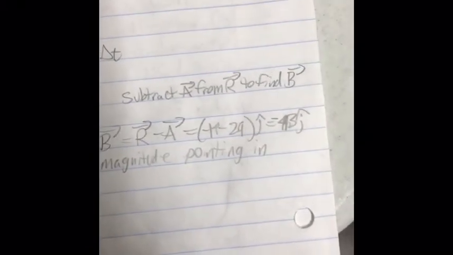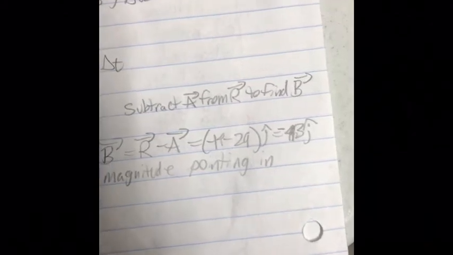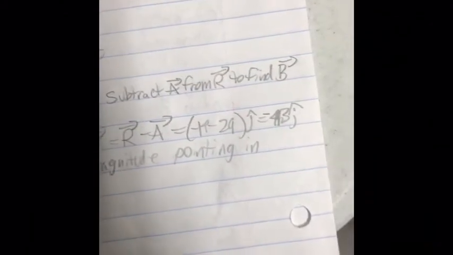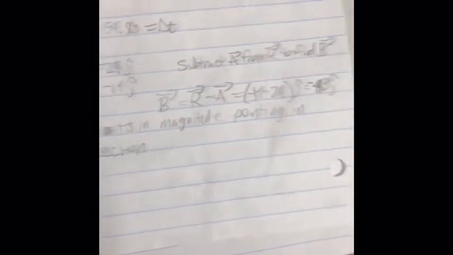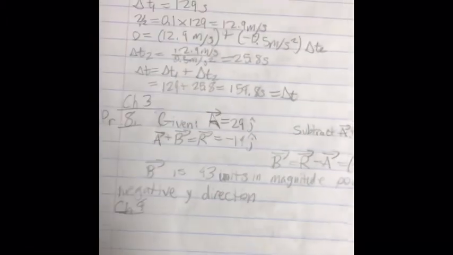So it was negative 14 minus 29 equals negative 43 j hat. So B is 43 units in magnitude, pointing in the negative y direction.